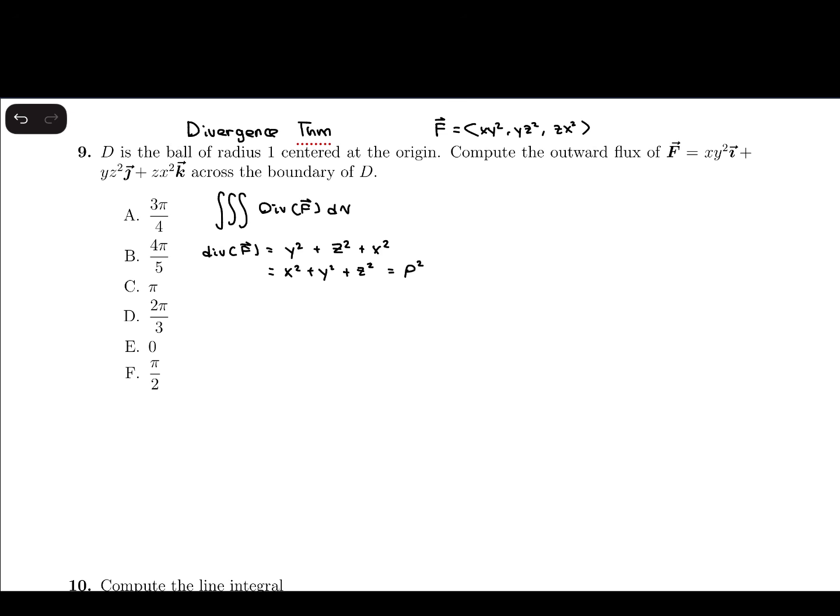Now, you might be wondering, what does this have to do with anything? Well, you're actually so close to already being there. All we have to do is set up the integral now. dV in spherical coordinates will always be rho squared times sine phi d rho d phi d theta.